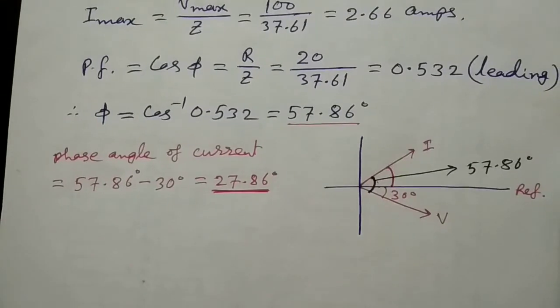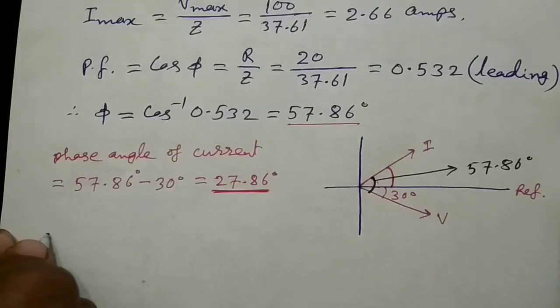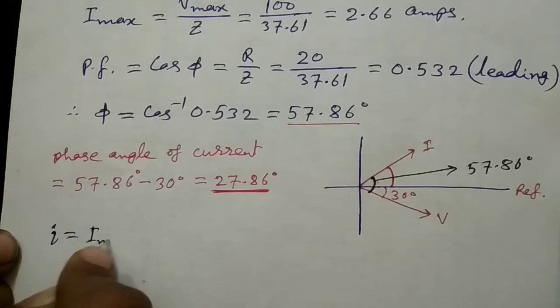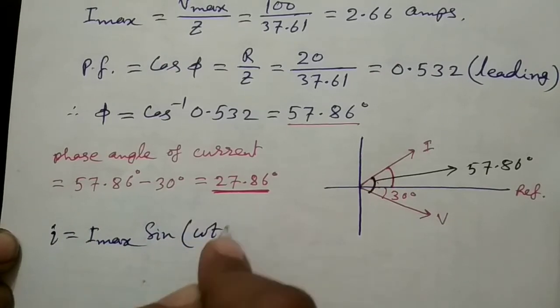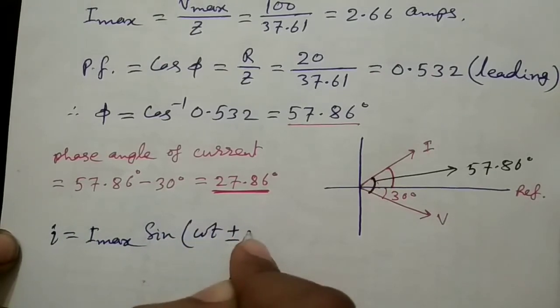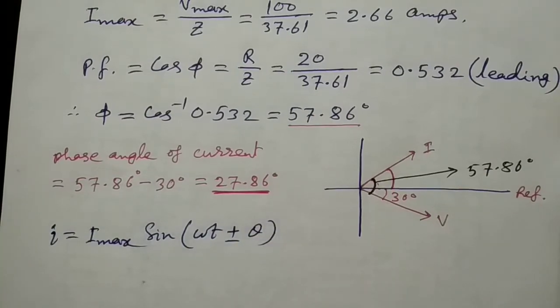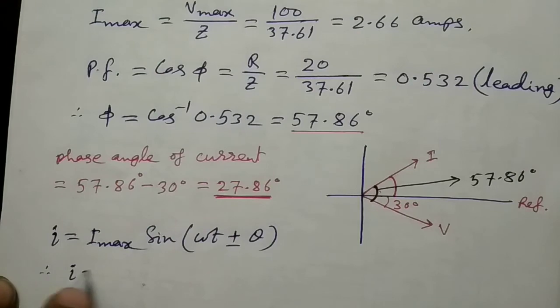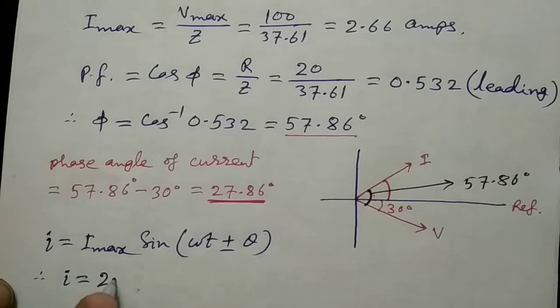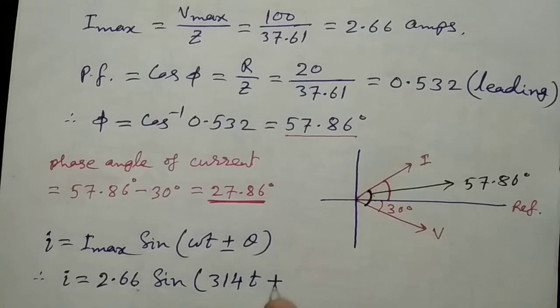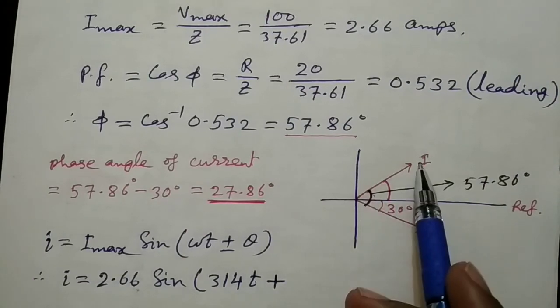Now we can write the expression of the instantaneous current. The I is I max sin omega t plus minus theta. So the current will be, the maximum current we have calculated 2.66 sin, the omega should be same, so it will be 314t, and the angle should be positive because the current is in the first quadrant.